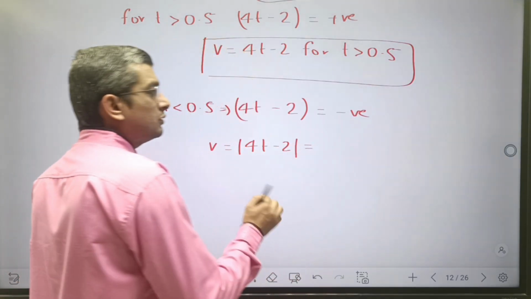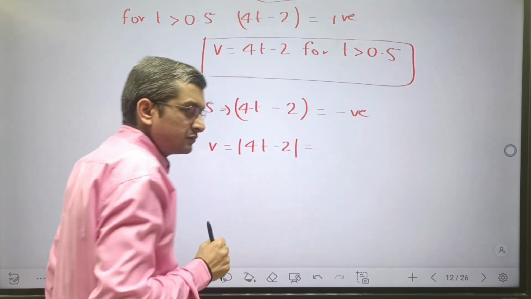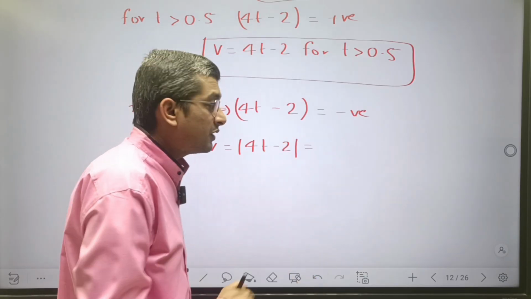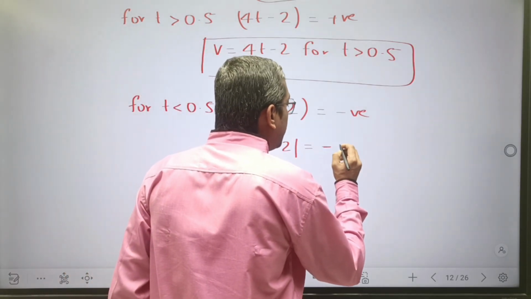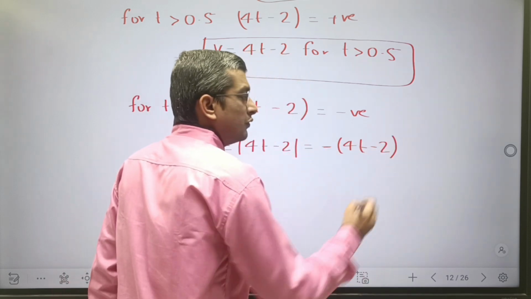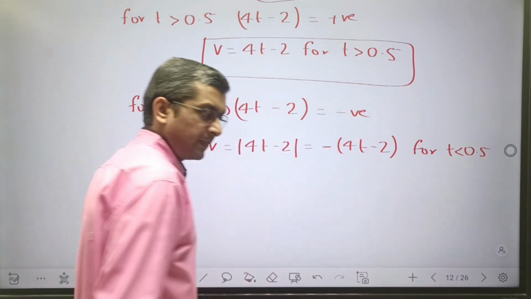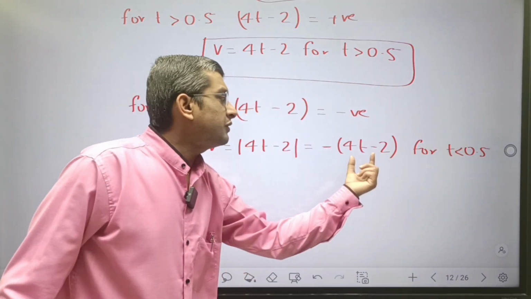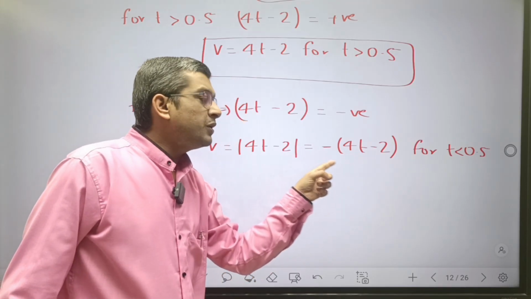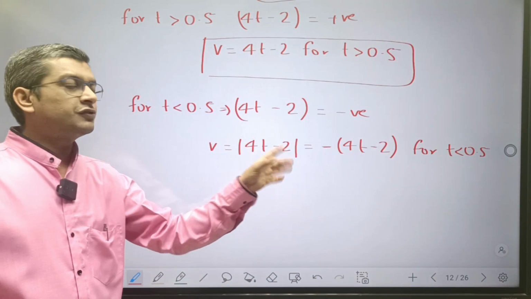So v is mod of 4t minus 2. Observe carefully, this 4t minus 2 is negative, and you know that the mod of it is positive. So if you apply a minus sign to this 4t minus 2 for t less than 0.5, the negative multiplied by negative becomes positive, and v is equal to minus of 4t minus 2.